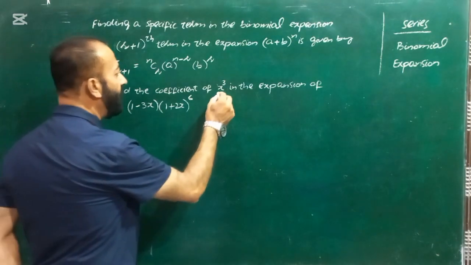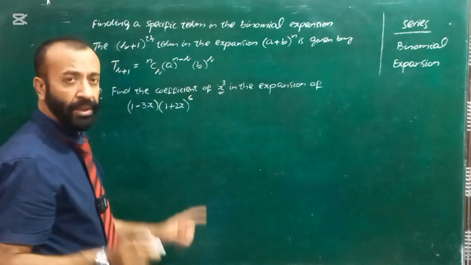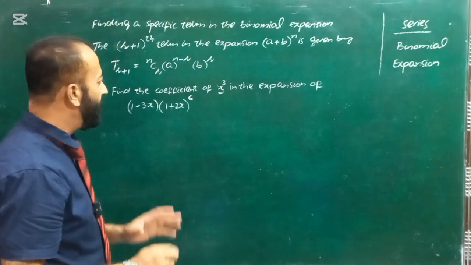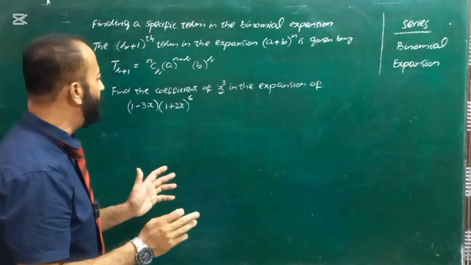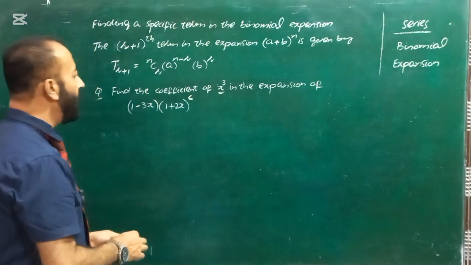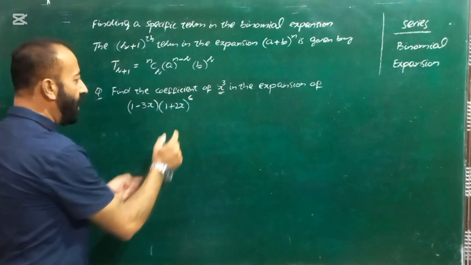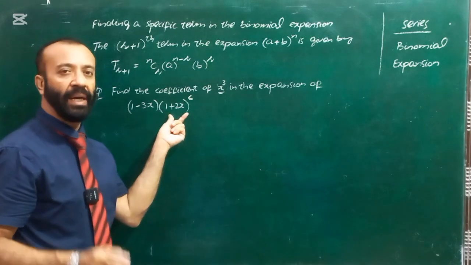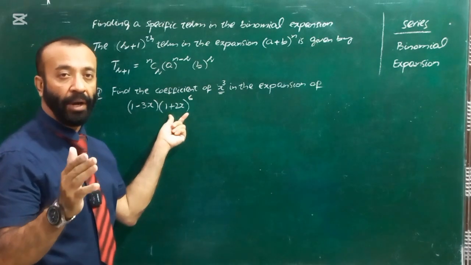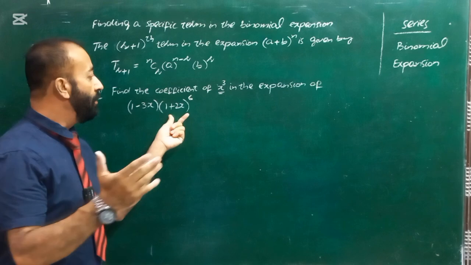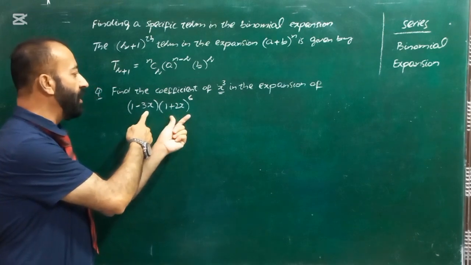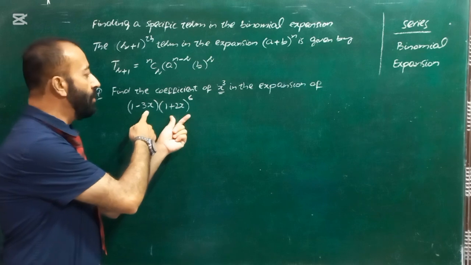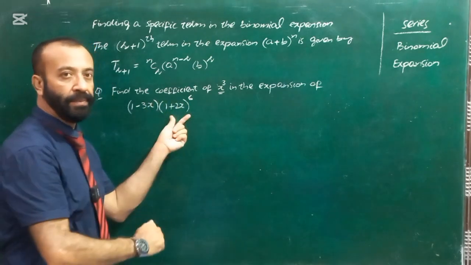So we are required to find the coefficient of x cube. Because you have done some mathematics in your junior classes as well, you should be able to understand that in this bracket, we want the terms that are involving x square, because that x square term from this bracket will be multiplied with this one to become the value of x cube.